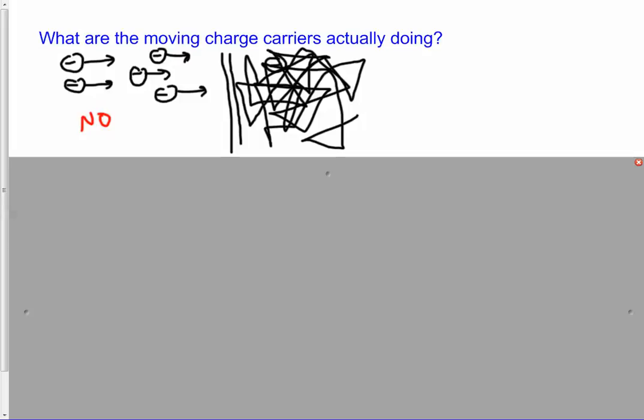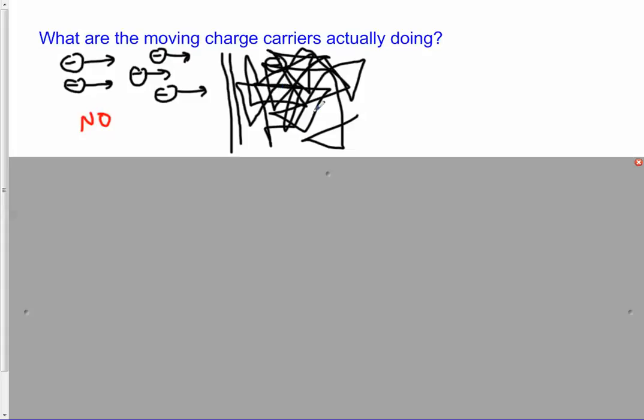The warmer your conductor is, your metal, the atoms themselves may be vibrating in place. That's their contribution to the internal energy. But the free electrons are kind of like gas molecules. They're just bouncing around all over the place, and they're hitting the nuclei of the atoms and bouncing off, and you just get this kind of crazy motion.